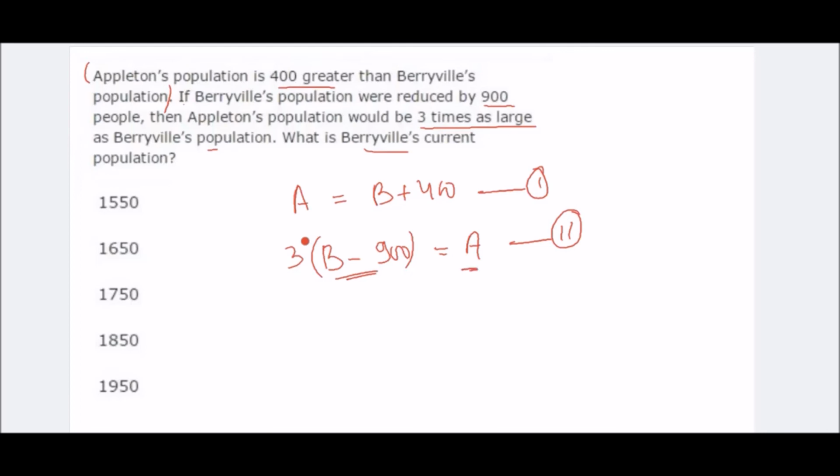To substitute A value in equation first, we will get 3 times B minus 900 is equal to B plus 400.